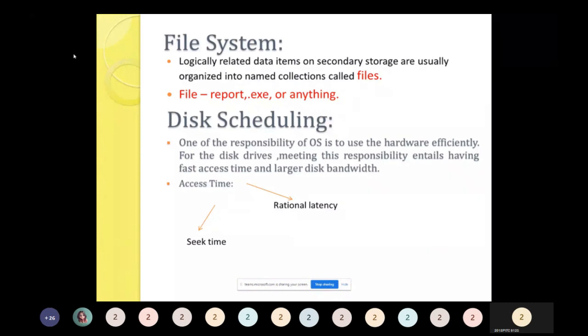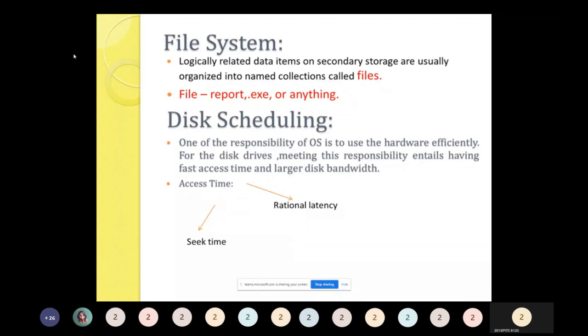When we need to access those files from the secondary storage, the time to access and get the files is very high. To access the files in less time, we need some scheduling operation, right?